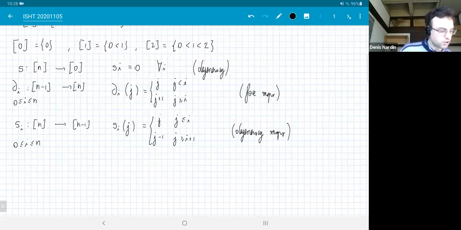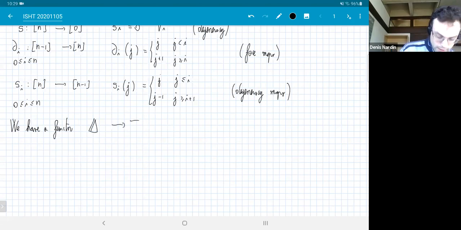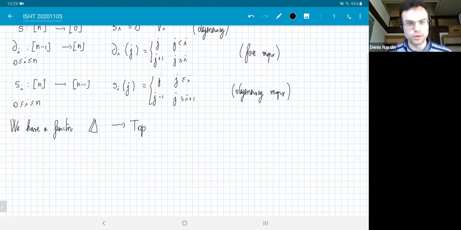These names come from a geometric perspective because we have a functor from Delta to topological spaces. Oh, and let me mention it now once and for all. When I say topological spaces, I mean compactly generated topological spaces. As in algebraic topology 2, we don't want to worry about crappy topological spaces.